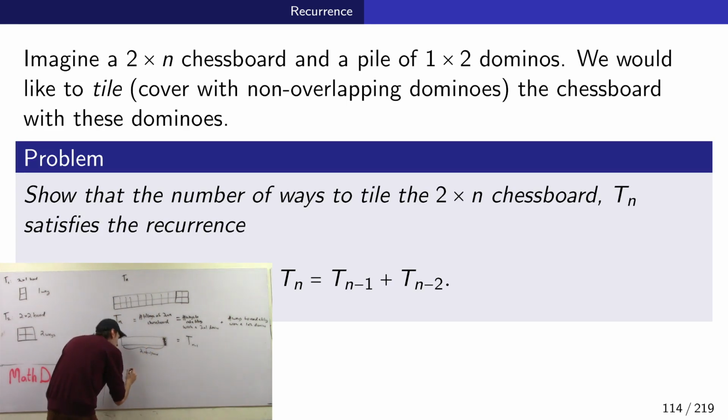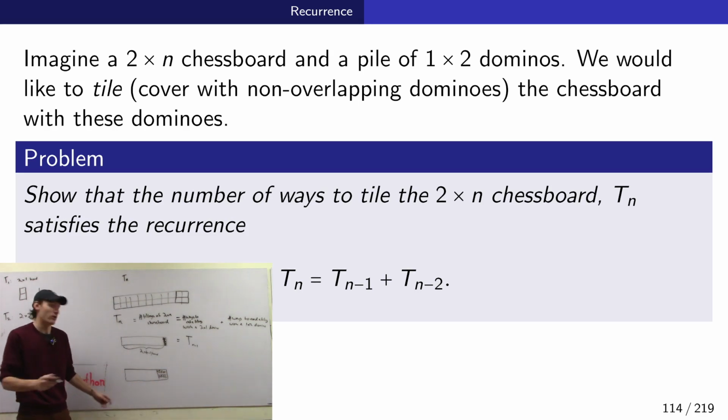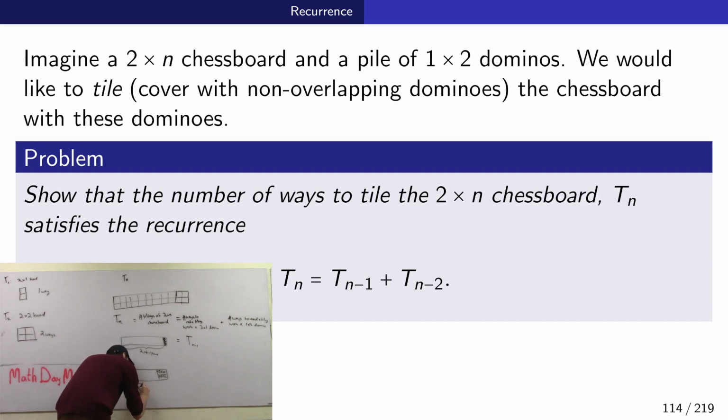Well, we know it has to be two 1x2s stacked on top of each other. So over here, we have two 1x2s stacked on top of each other. But I'm again going to look at what comes before. This piece right here is a 2 by n minus 2 chessboard, and it's fully tiled.